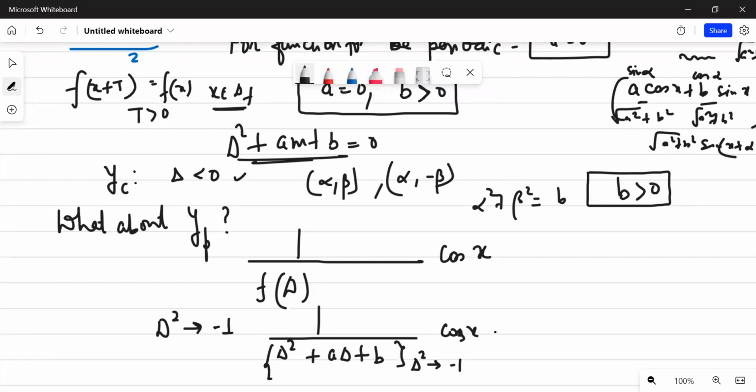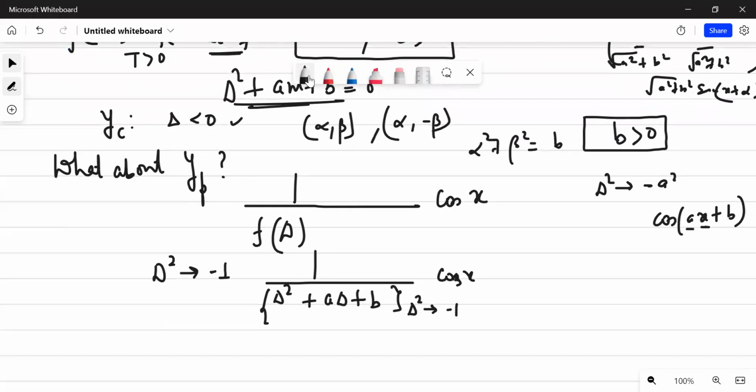Sir, why minus 1? See, instead of D squared, you have to replace minus of a squared, where a was the term attached to your x. So if you replace D squared by minus 1, this will be it. Now your particular integral would remain as 1 upon b minus 1 plus aD.